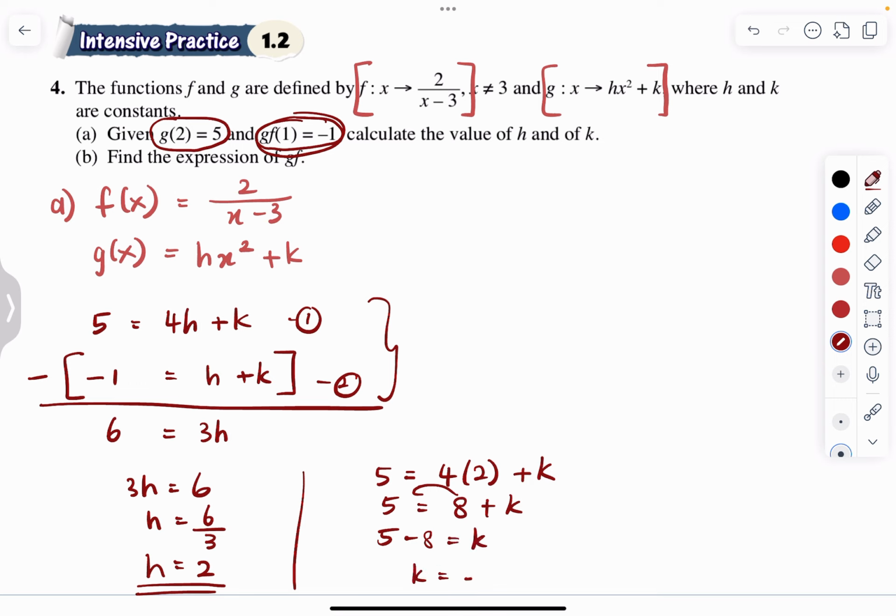Therefore k equals -3. Okay, 5 minus 8 is -3. Done. So we can go ahead and write this: g(x) equals 2x² minus 3.